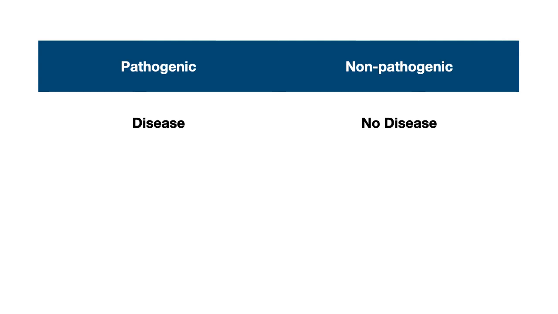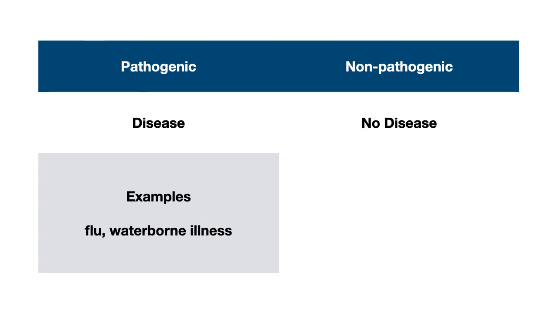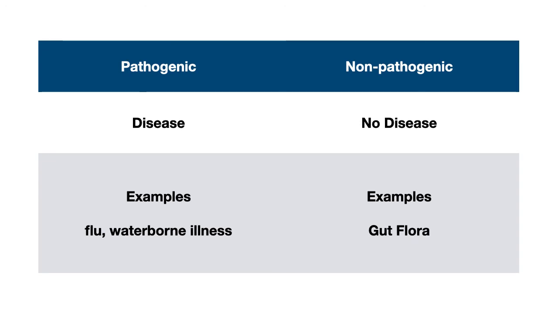Now let us look at examples of pathogenic organisms: flu and various waterborne viral and bacterial illnesses. And typical examples of non-pathogenic organisms include gut flora.